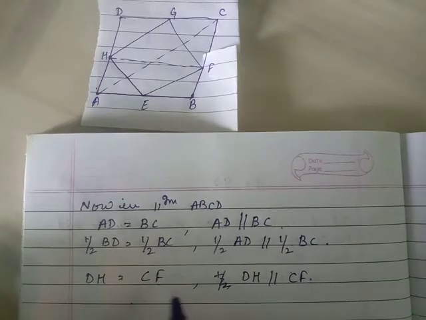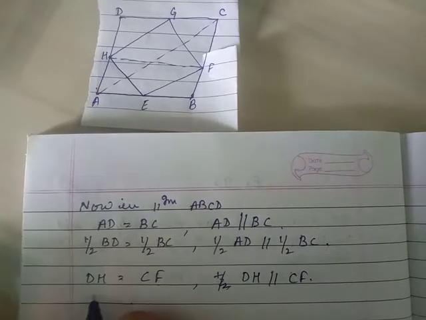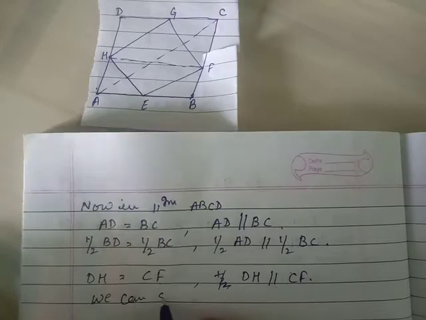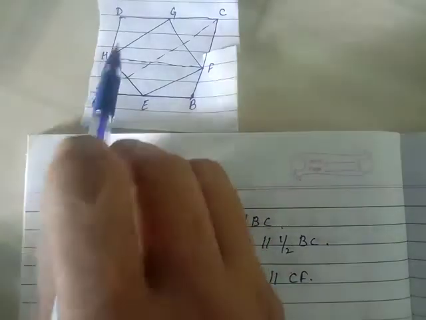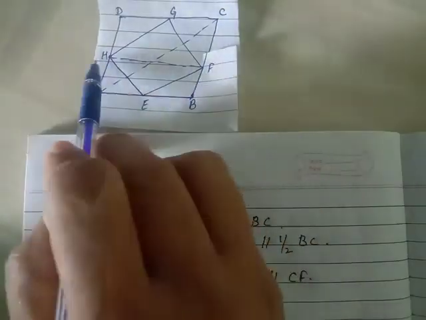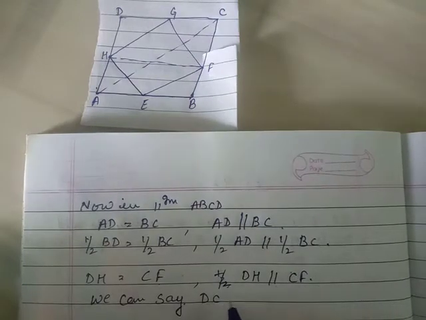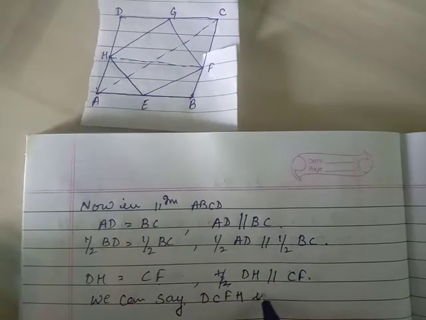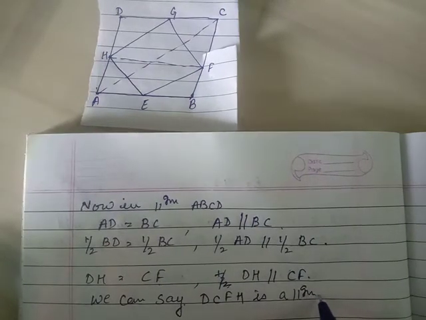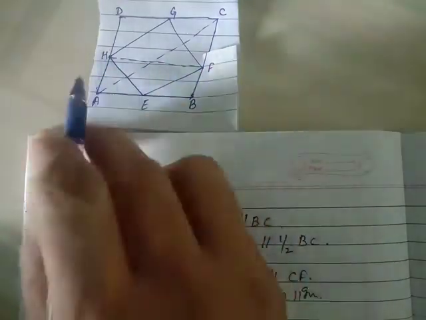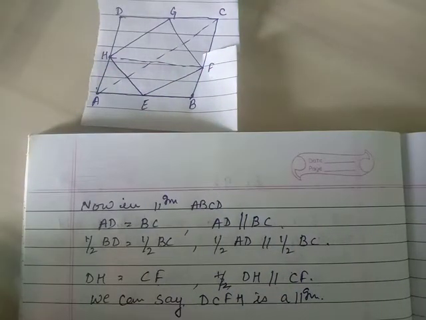Now one pair of sides is equal and parallel, so we can say that DCFH is a parallelogram. See this, DCFH is a parallelogram.